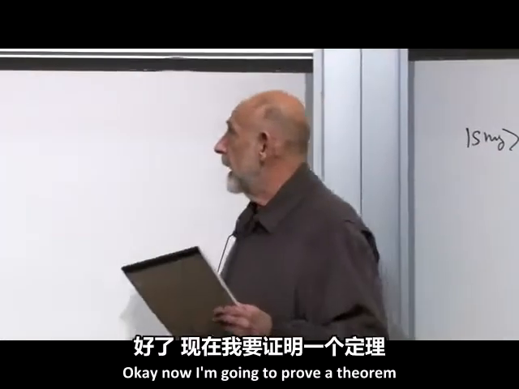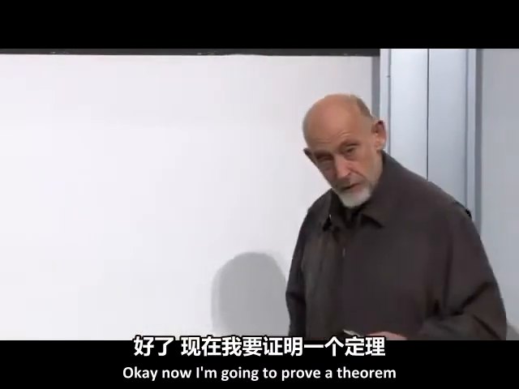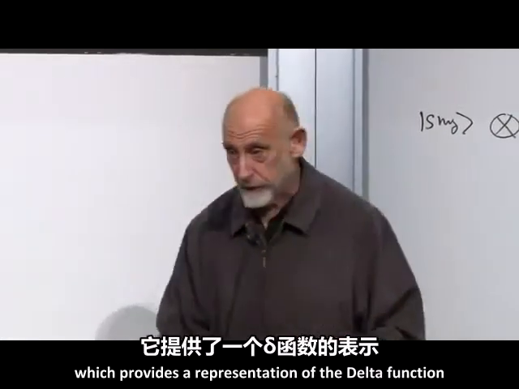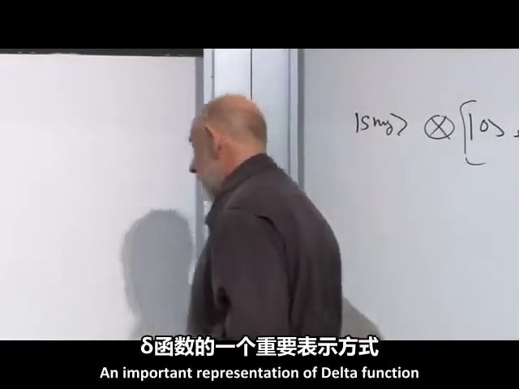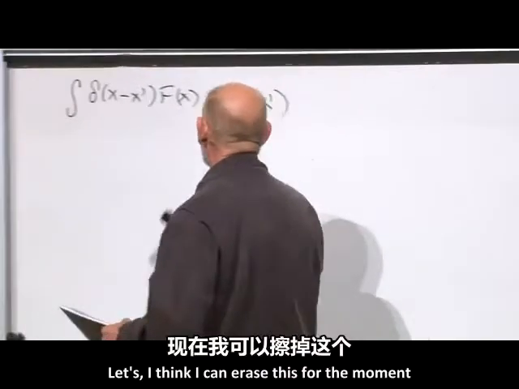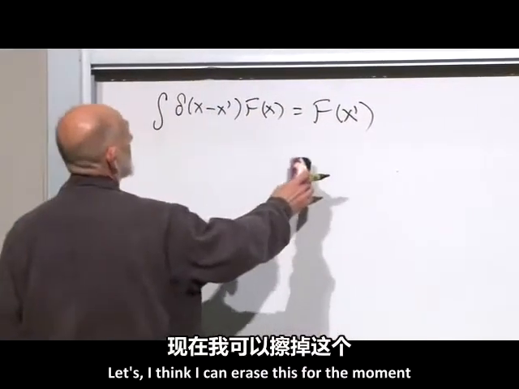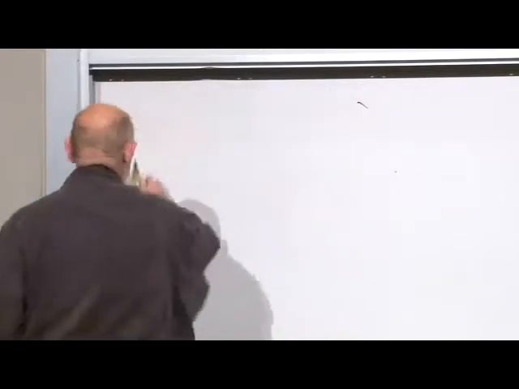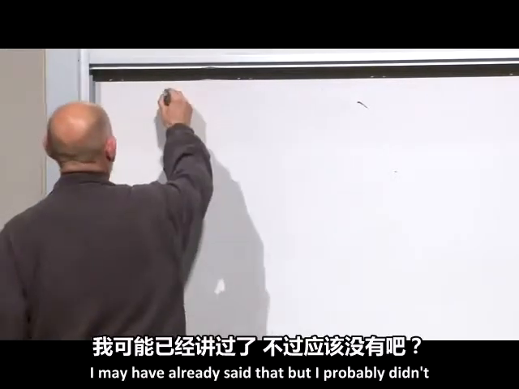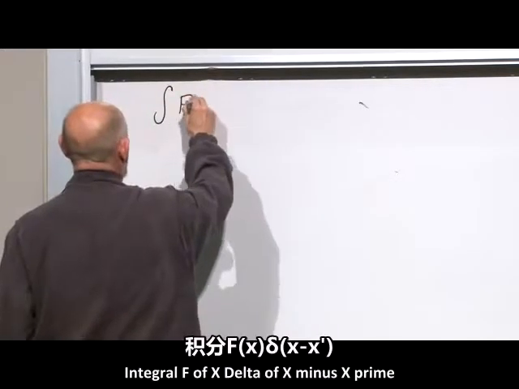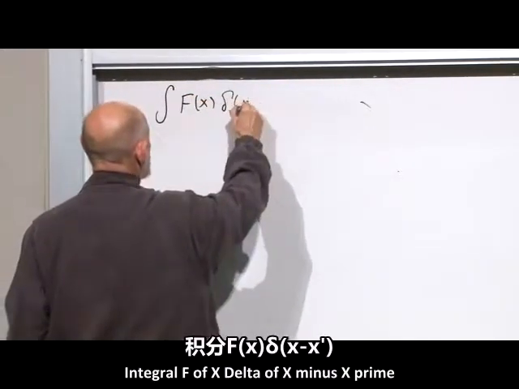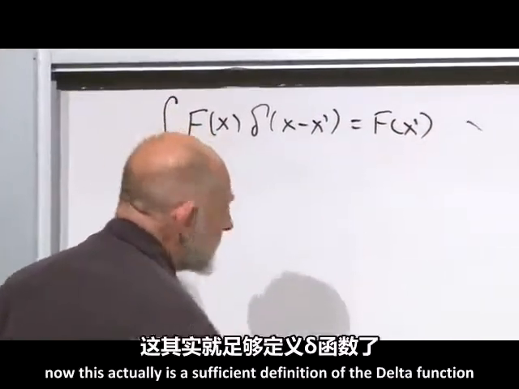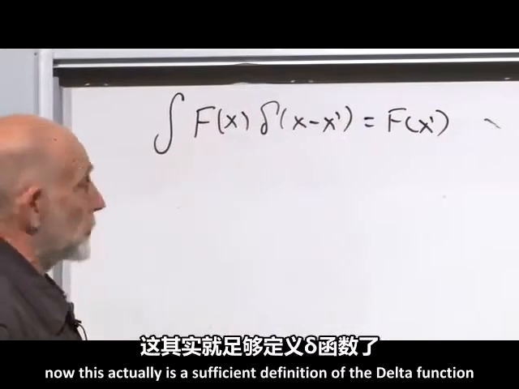Okay, now I'm going to prove a theorem which provides an important representation of the delta function. I think we can erase this for the moment. Did I want to erase that? I probably didn't. The integral of f of x delta of x minus x prime is equal to f of x prime. Now, this actually is a sufficient definition of the delta function.